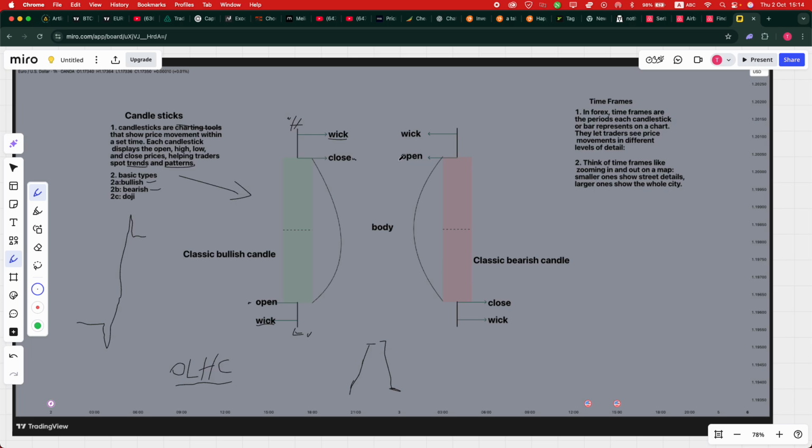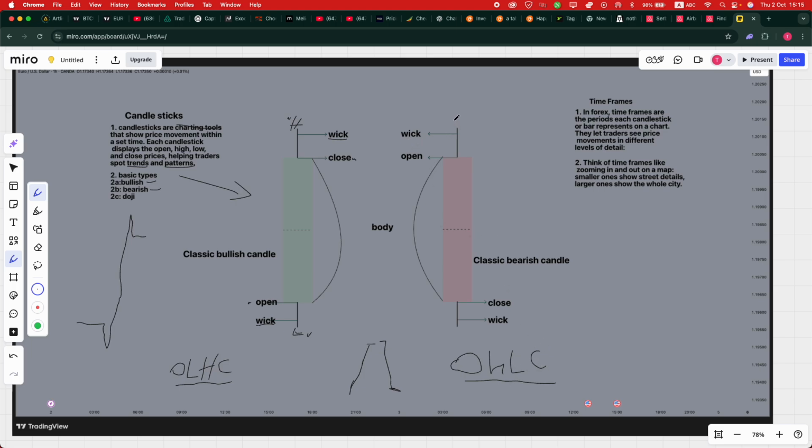But anyways, now the same thing for the classic bullish candle, but this is just vice versa. Now for this is the open, the high, the low, and the close. So it's OHLC, which is the open, the high, the low, and the close.